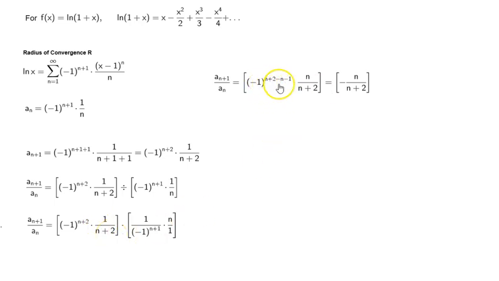Here n minus n goes off, 2 minus 1 is 1, so we are left with minus 1 times n by n plus 2. We simplify it a little bit further: an plus 1 by an is equal to minus n by n plus 2, which is equal to minus n by n times (1 plus 2 by n), taking n common. So that n and n get cancelled and we are left with minus 1 by (1 plus 2 by n).